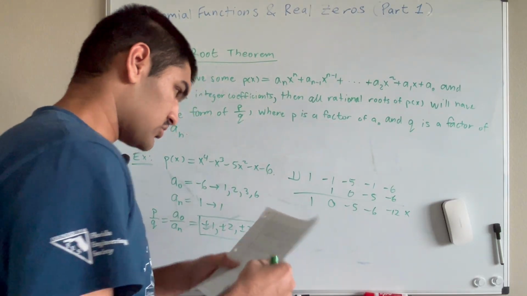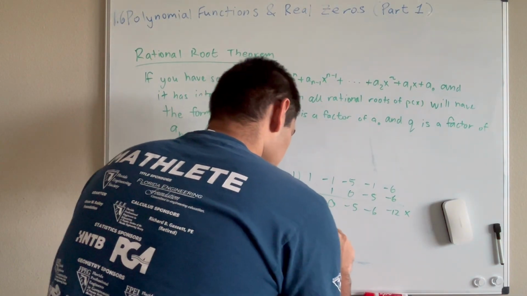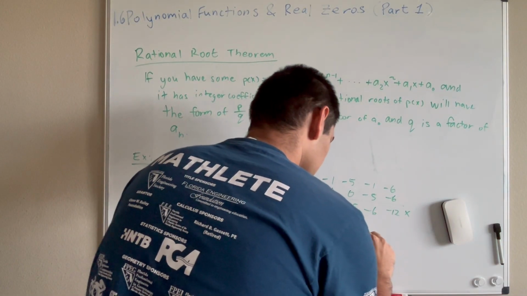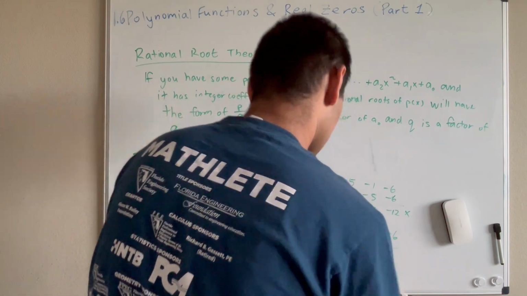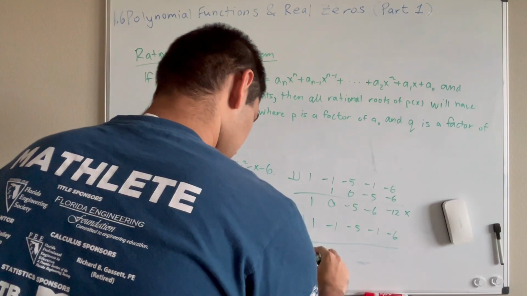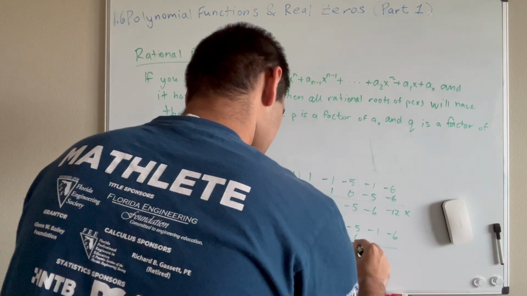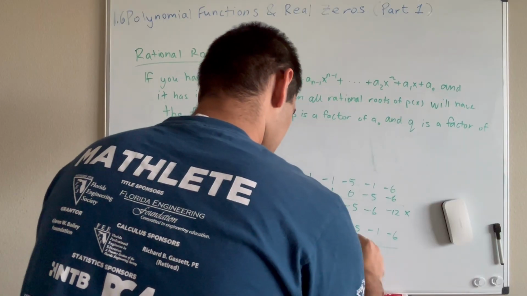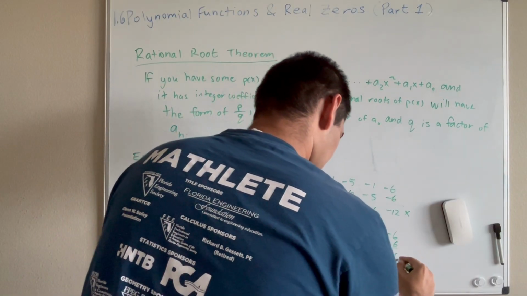But if we were to try, let's say, negative 2, you get negative 2, negative 3, 6, and then now you get 0.